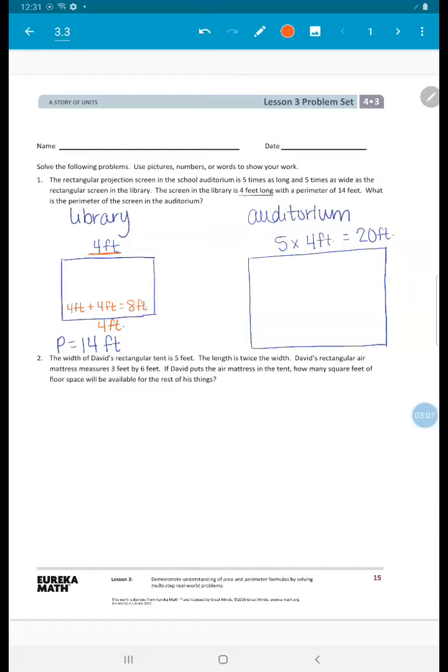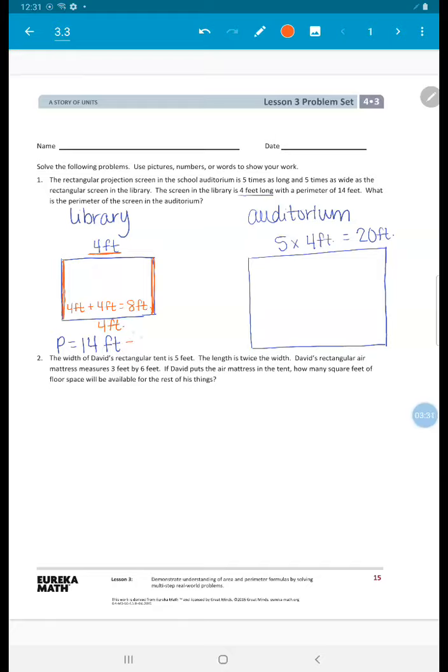So if I add those two sides together, 4 feet plus 4 feet equals 8 feet. That tells me that my other two sides, this side, the width, and the opposite width here, are going to have to total up to equal 6 feet. I know that because my total perimeter is 14 feet.